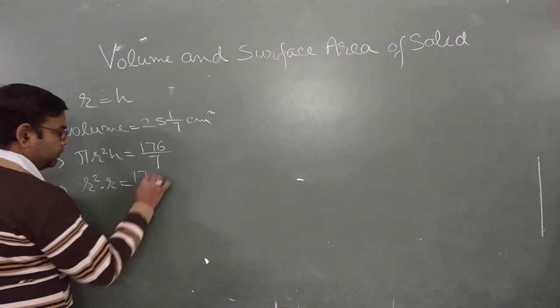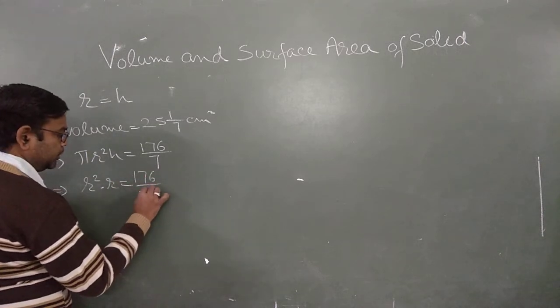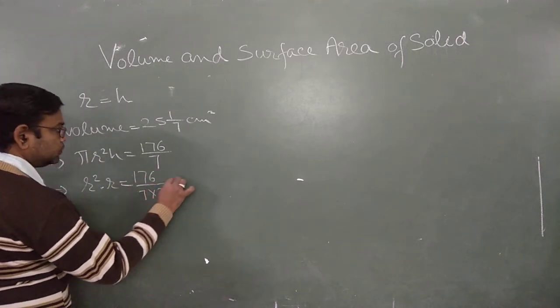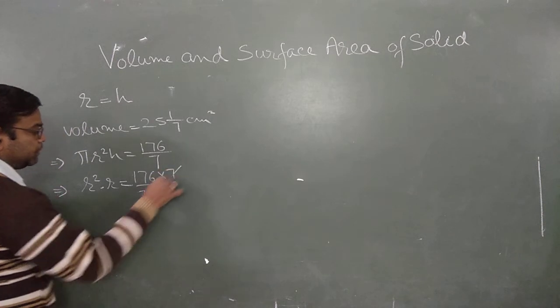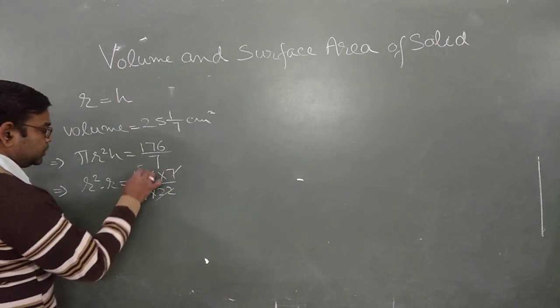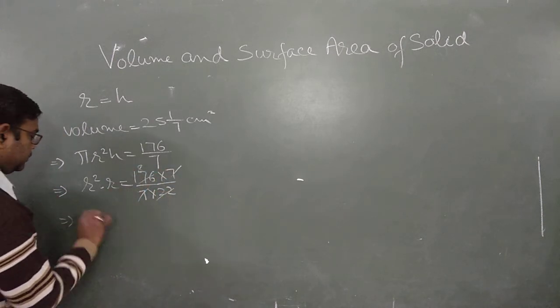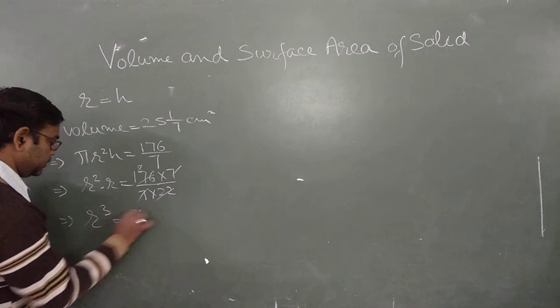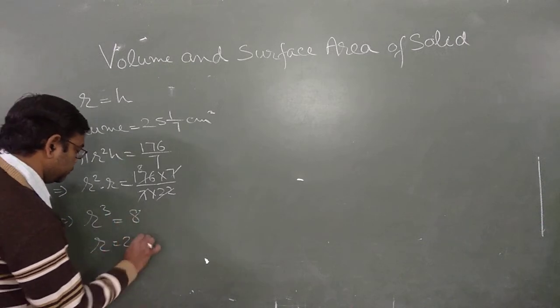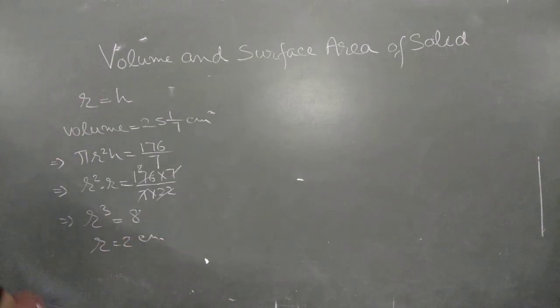So it's 176 upon 7 into 7 upon 22. 7 cancels, 22 eights are 176. r cube equals 8, r equals 2 centimeter.